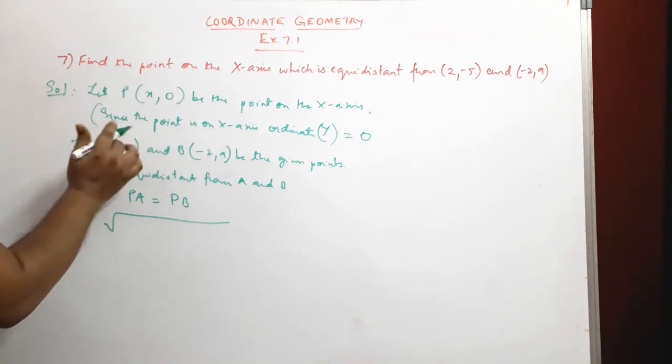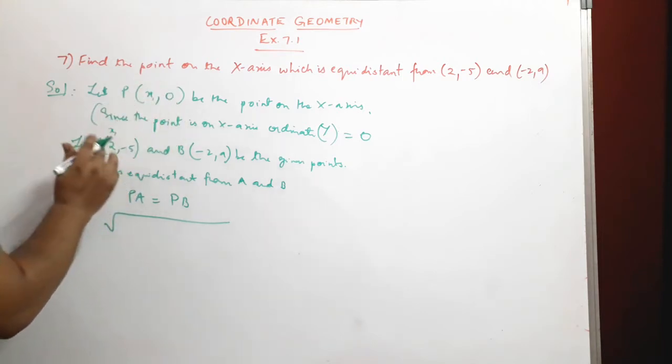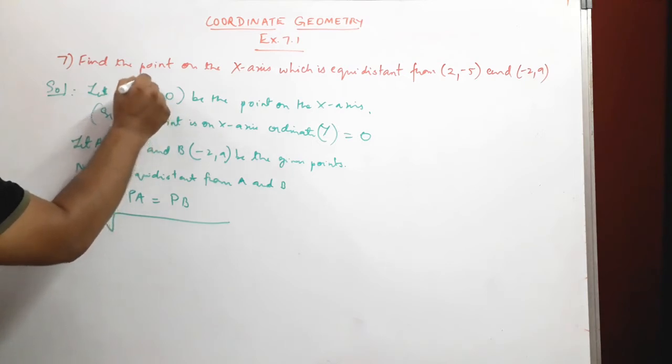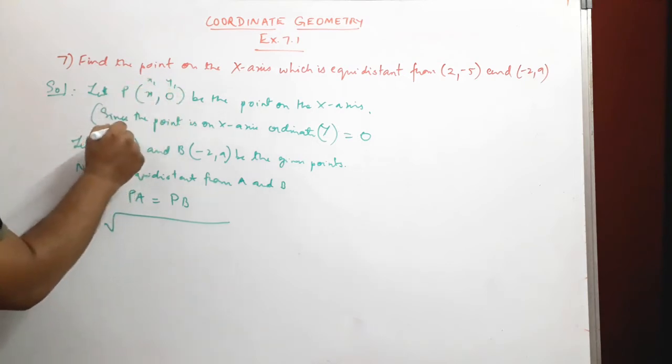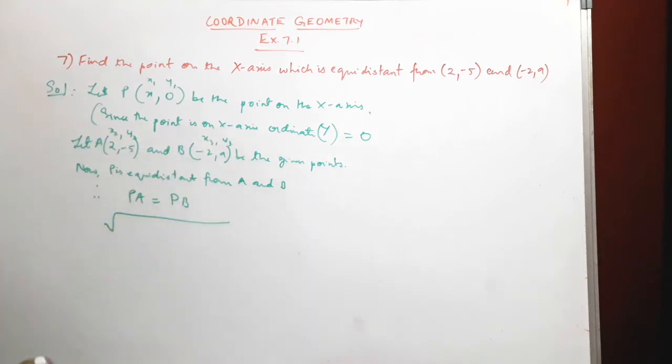We'll take this as x1, and this is 0, and we'll take P as x1 y1, A as x2 y2 and B as x3 y3, just for the sake of applying it in the distance formula.